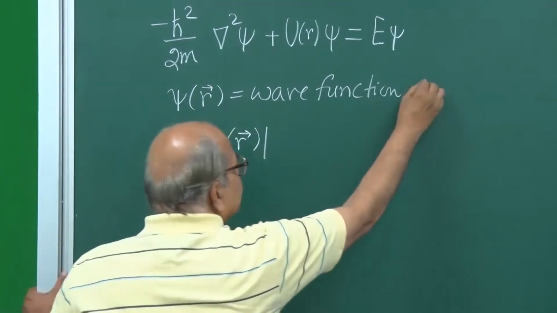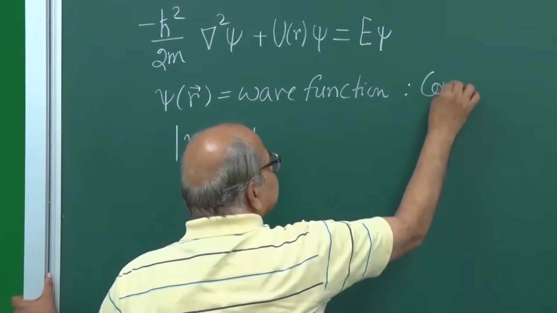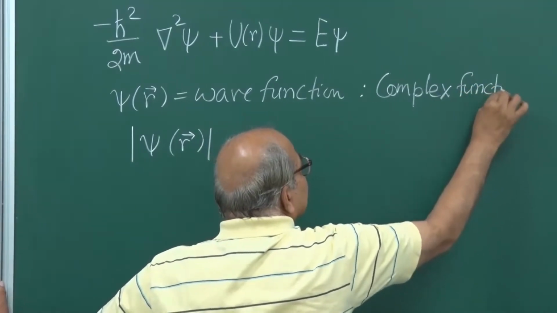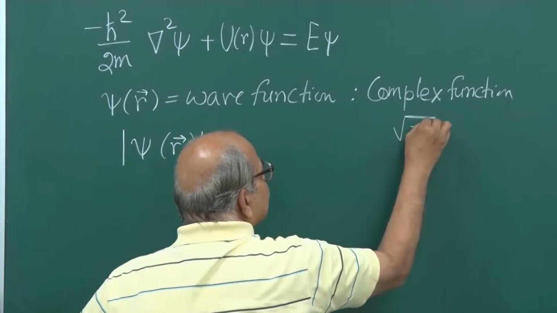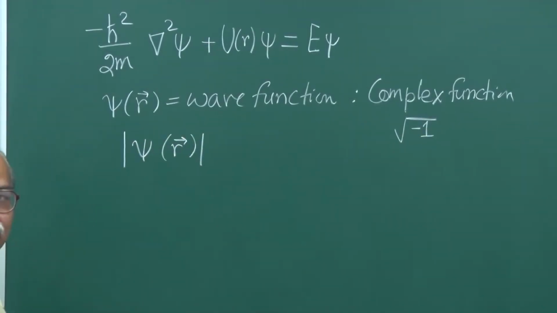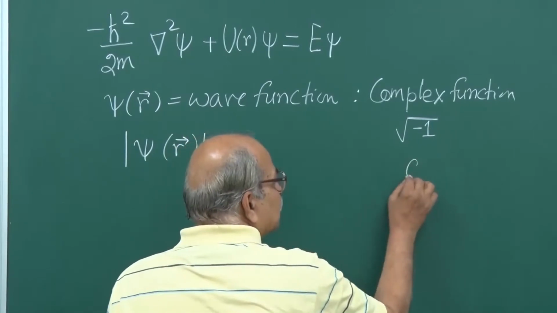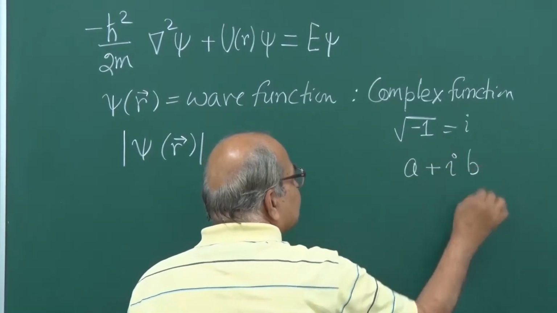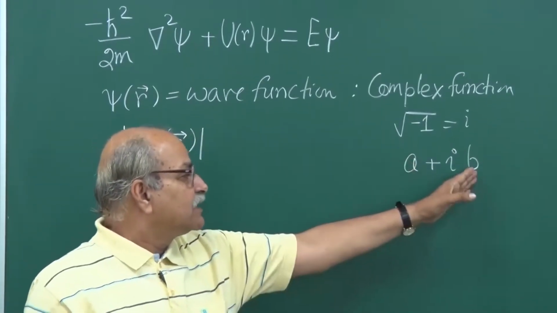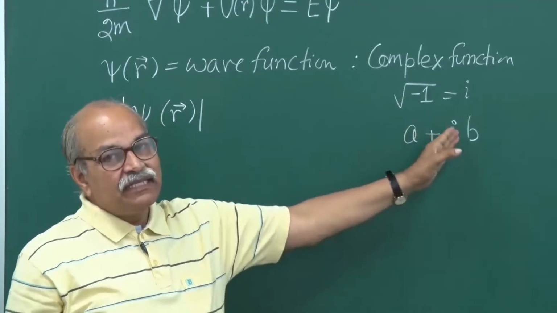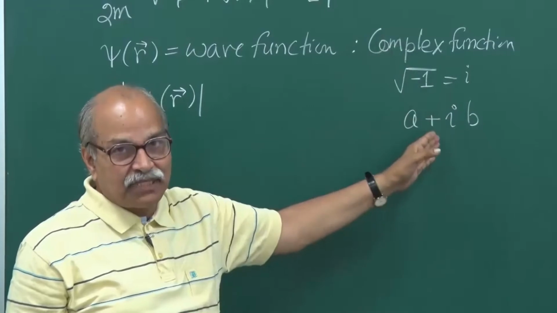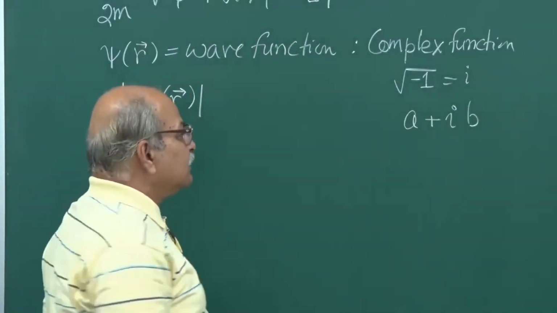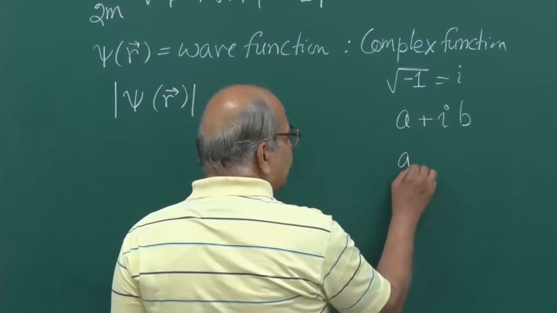This function can be a complex function. If it is a complex function involving the square root of minus 1, remember complex numbers, numbers like some real number plus i times another, A plus iB, with a real number here and i as the square root of minus 1. These kinds of numbers are known as complex numbers. So this function can have this i in it, and then you write the complex conjugate A minus iB.